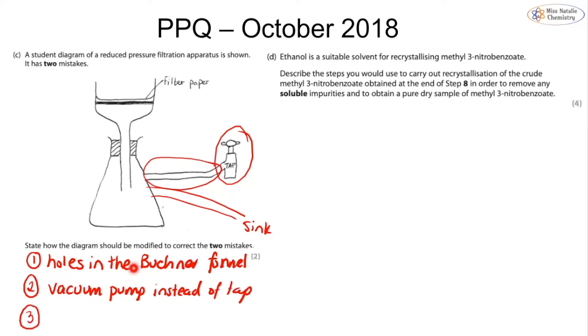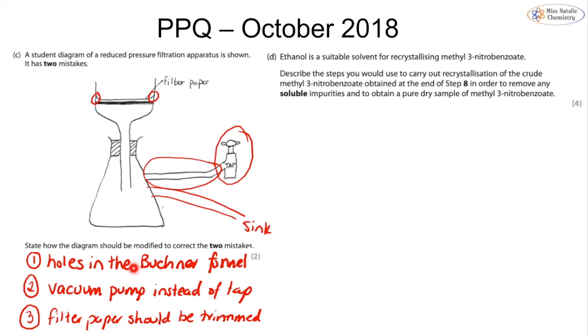And then the third part is the filter paper at the sides here. The filter paper should be trimmed. We don't want the filter paper going up the side of the Buchner funnel like that. We want it to be sitting absolutely flat.